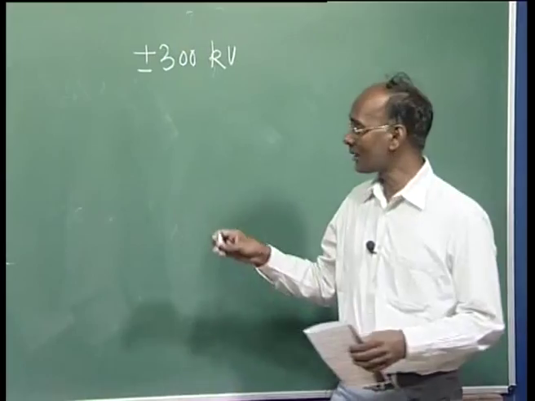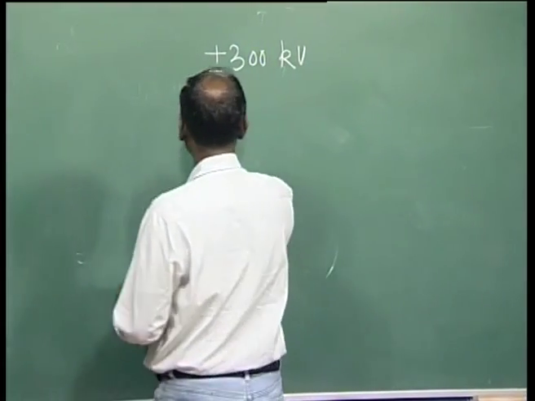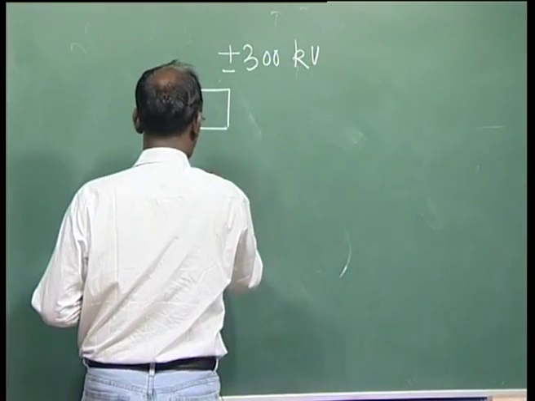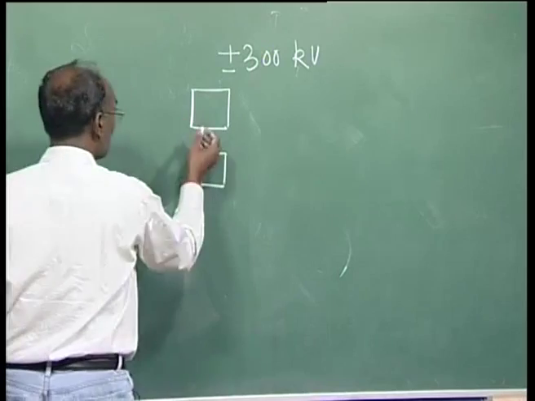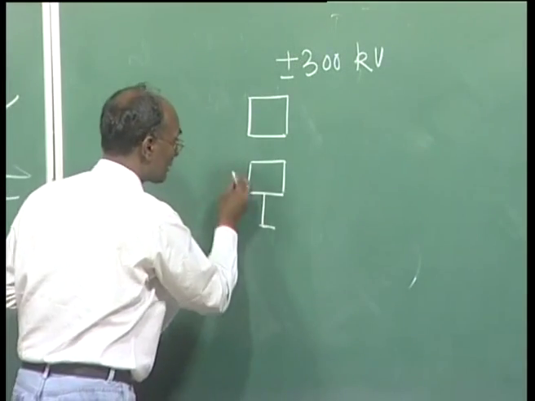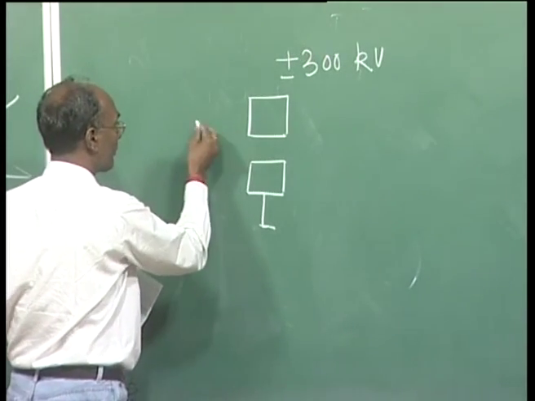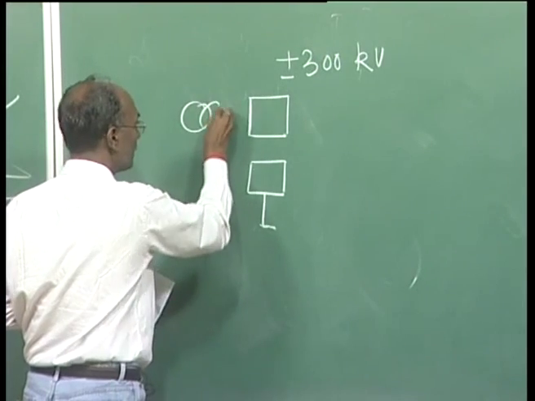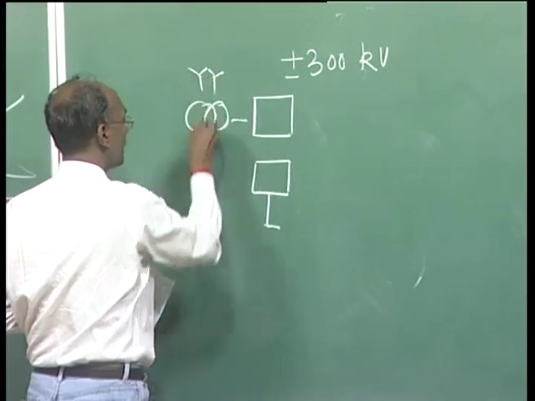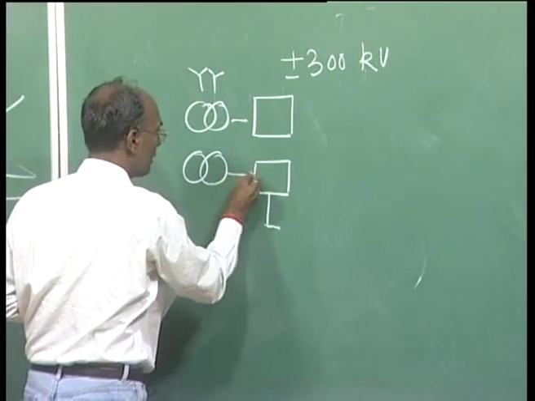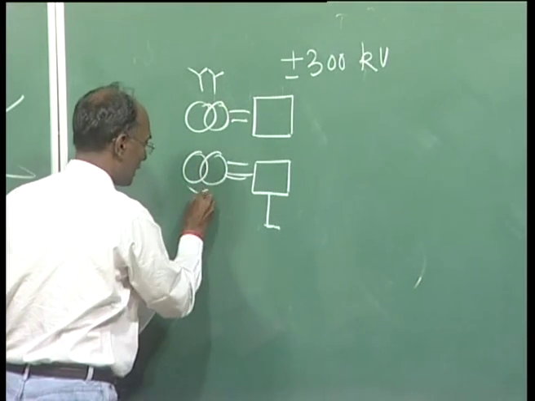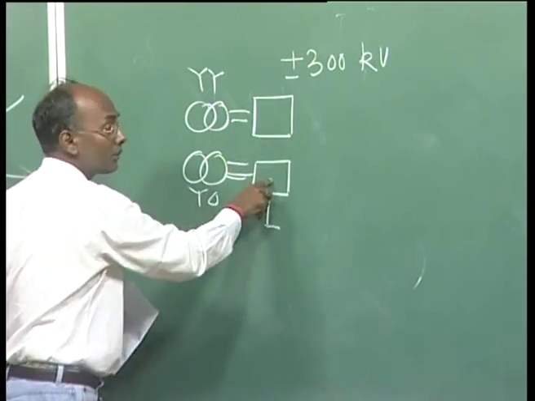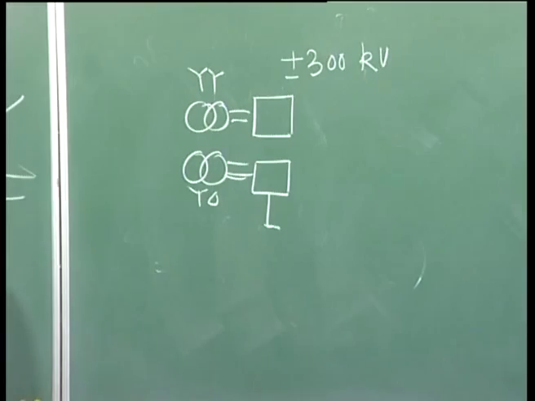Then we have to see 12 pulse. Here is one bridge, and here another bridge, and here is your transformer, which is star star, and here another transformer, which is star delta. So, 2 bridges basically form a 12 pulse.